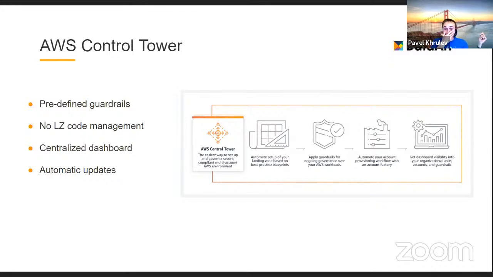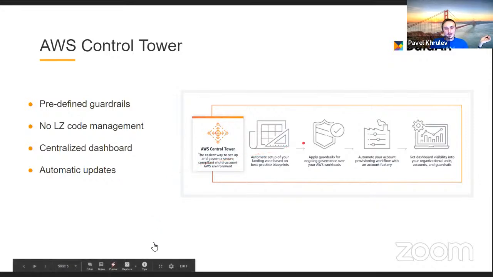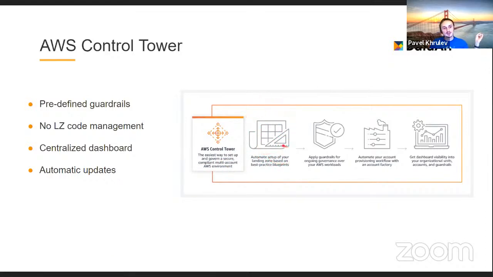Then you can automate your setup with some guardrails which they have created by default. So if we talk about the landing zone, you have to implement guardrails there. You can create a piece of code with some guardrail, like an AWS Config rule, for example, or a service control policy.